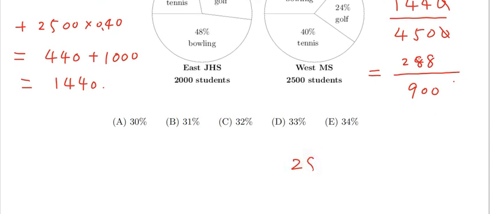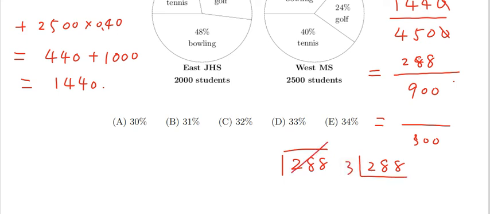Let's say 288 divided by 9. Oh, we can simplify by dividing by 3. 288 is divisible by 3, because 2 plus 8 plus 8 is 18.